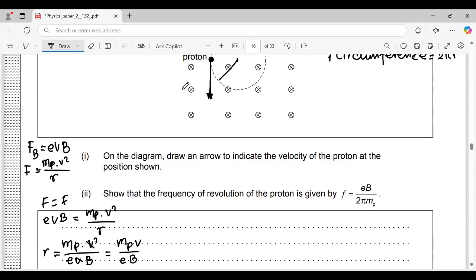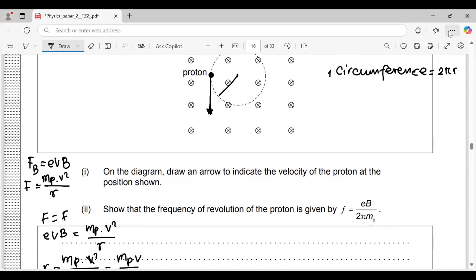If we would like to calculate the time taken to complete one circumference, we can use the formula T equals one circumference over velocity.